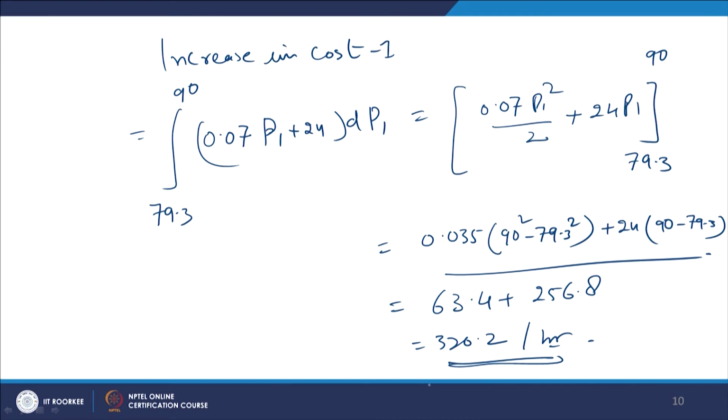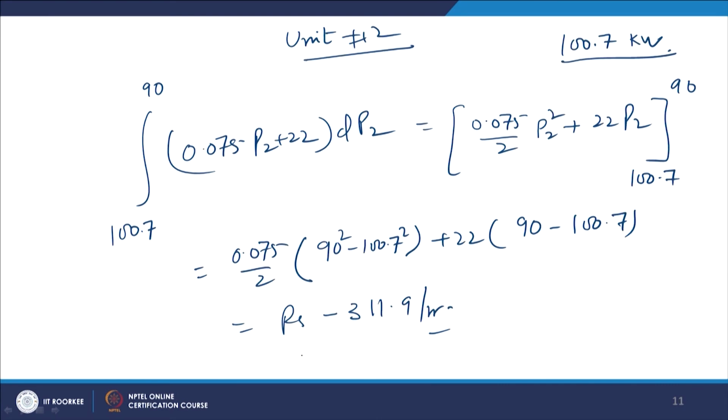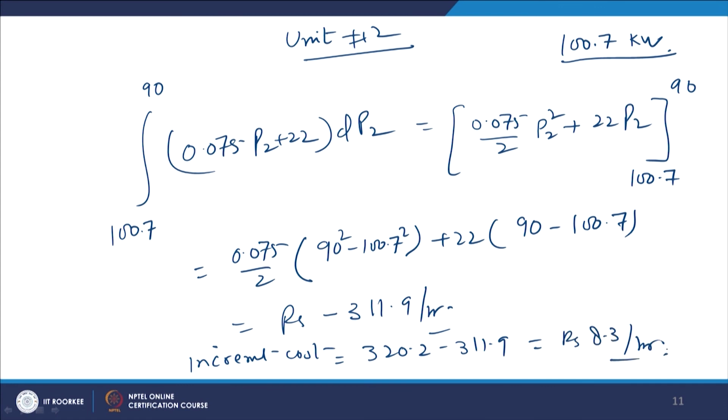This is positive and that is negative, and if you add these two, you will find the net increment in cost is 320.2 minus 311.9, which is rupees 8.3 per hour. That is the net increment of cost for running the system.